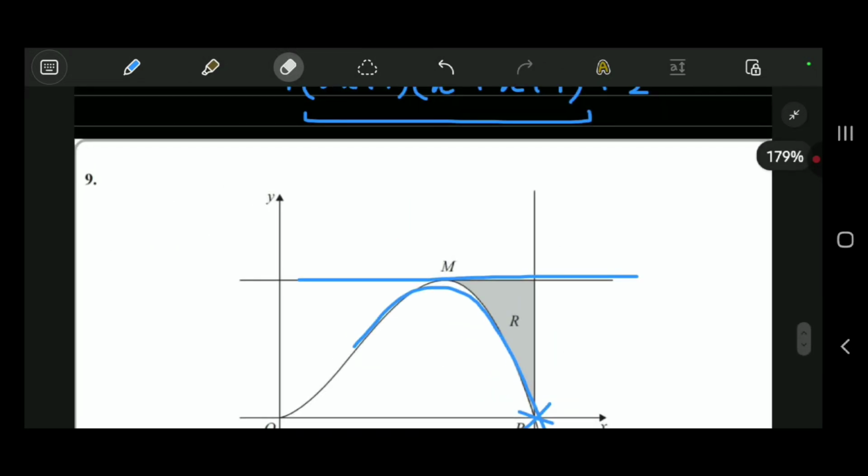We integrate the curves. So how do we integrate from a to b?